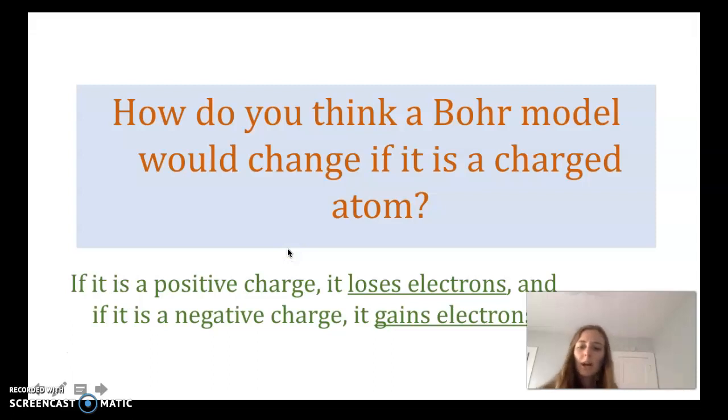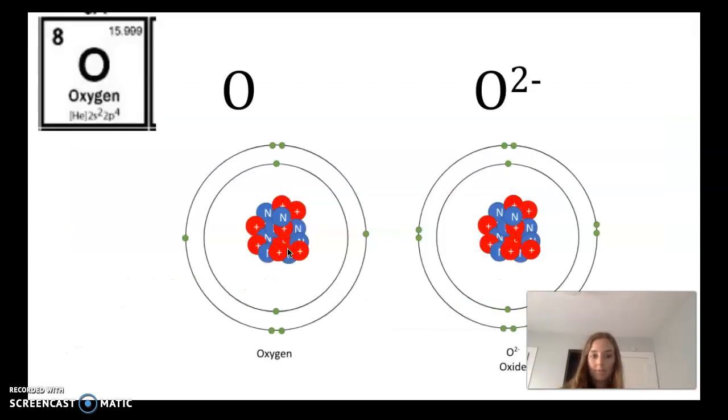So we've talked about only Bohr models for neutral atoms. Well, how would it change if it is a charged atom? If it is a positive charge, we know it loses electrons because our atomic number, or number of protons, cannot change. So then also if it's a negative charge, it will then gain electrons.